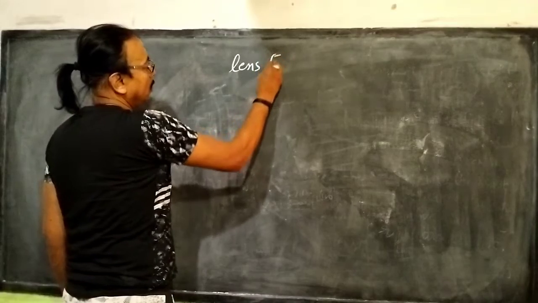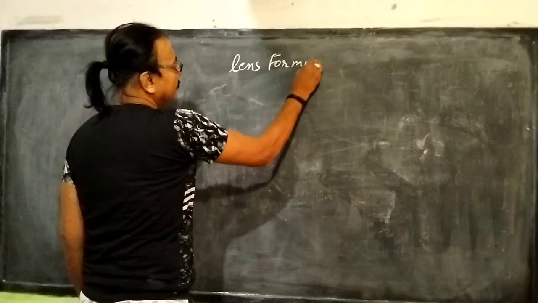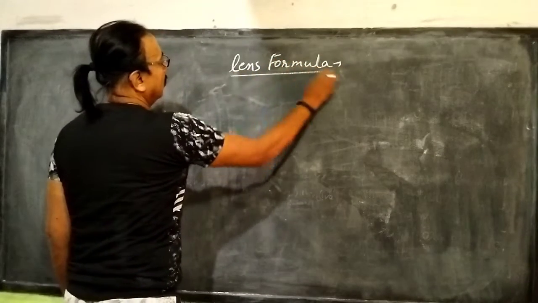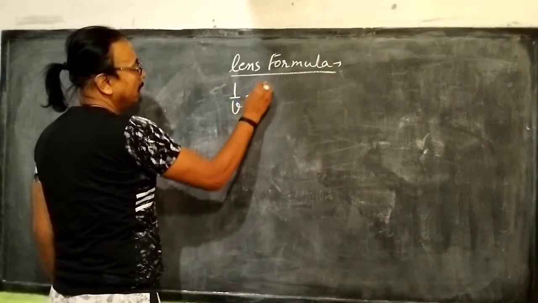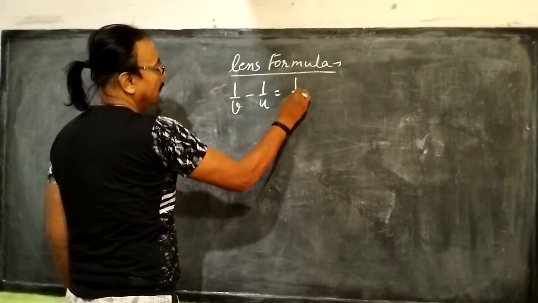Lens formula: 1 by v minus 1 by u equals 1 by f.